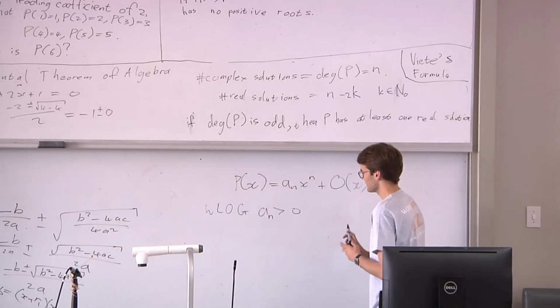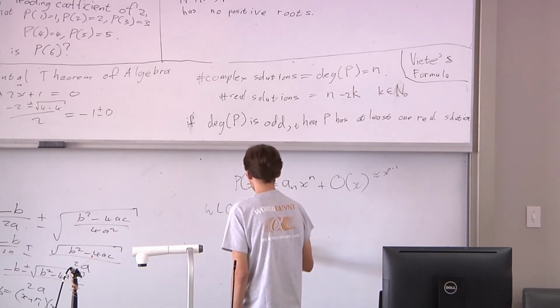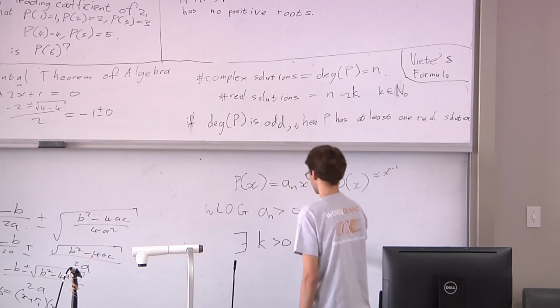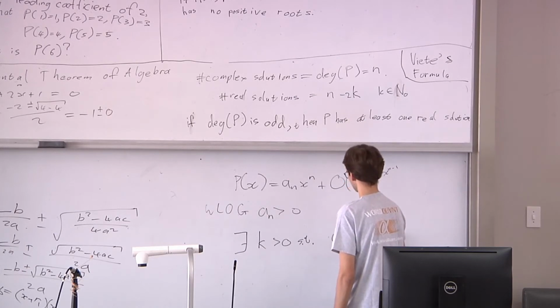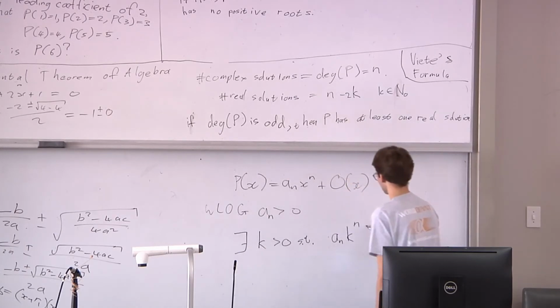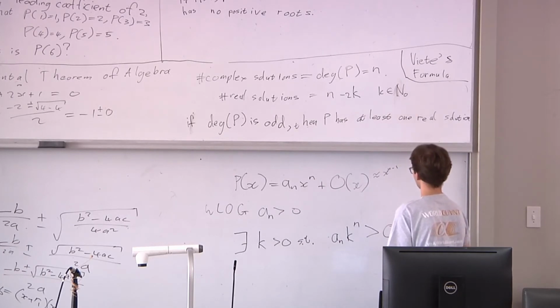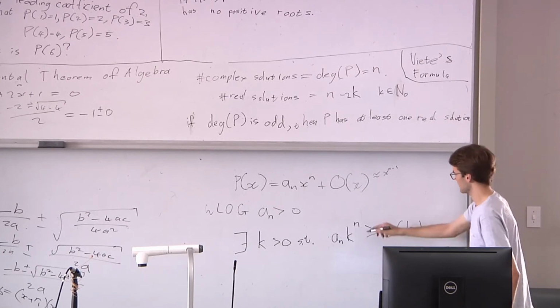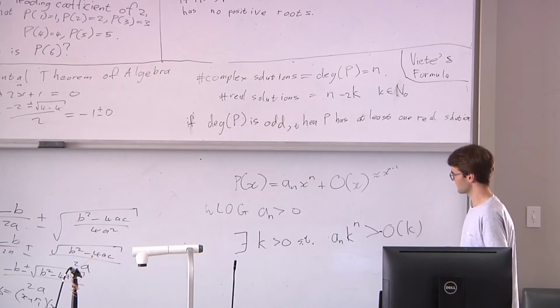With the idea being that there exists some k greater than 0 such that a_n k to the n is bigger than the rest.